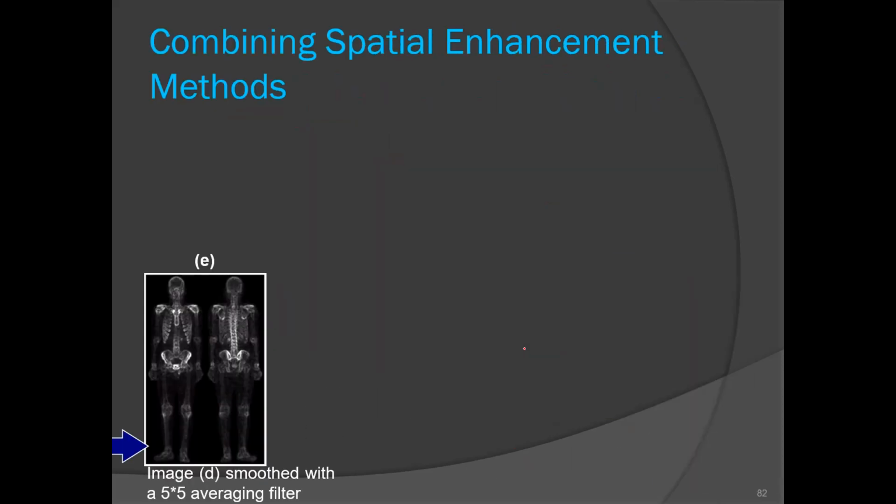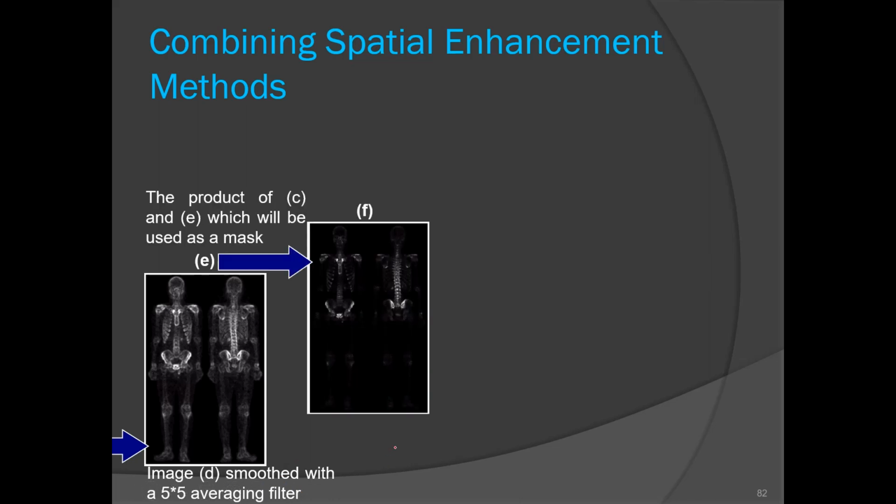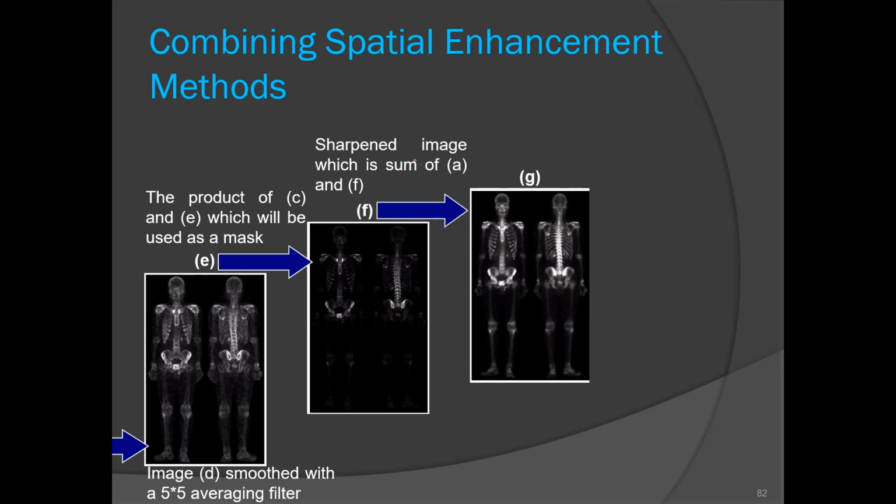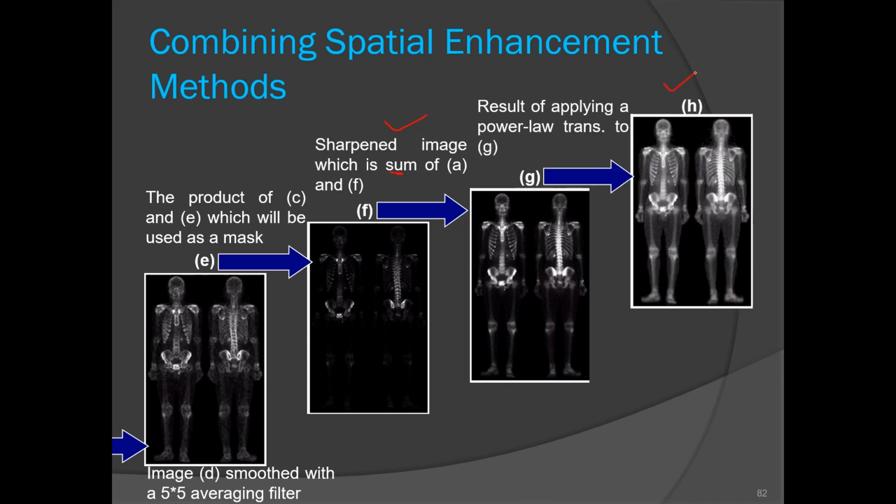Then we have done the smoothing operation with a 5 by 5 averaging filter. Then we took the product of the C and E images to obtain this image. Then we sharpened using a summation of the A and F images, and finally we obtained this result.